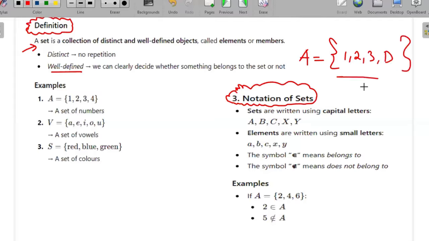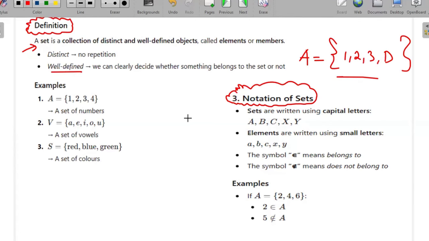The answer is no, it won't be a set, because the collection there is not well defined. I have numbers and all of a sudden I have D. What is the D doing there? The D is out of place, so the collection there is not well defined.